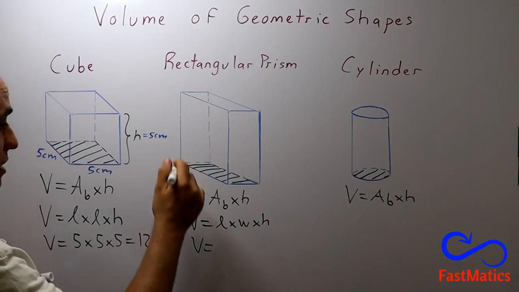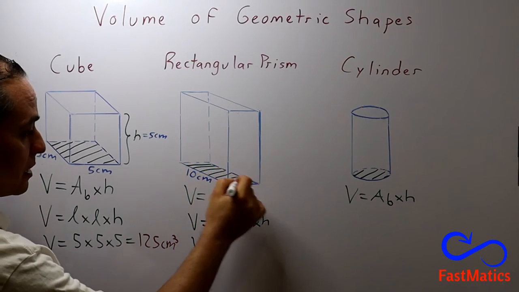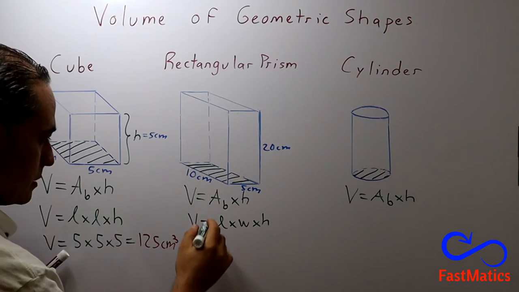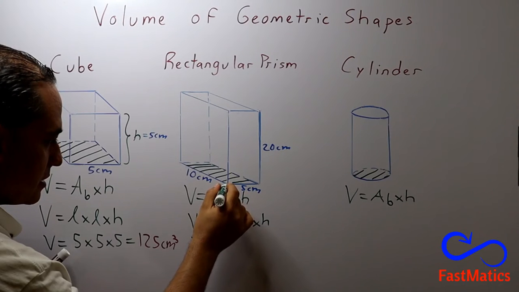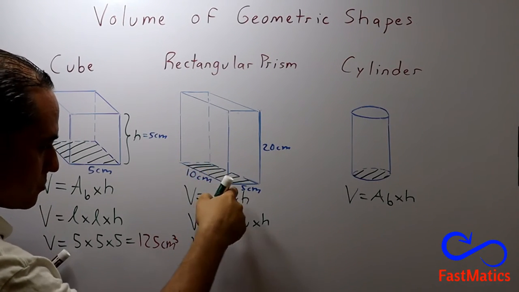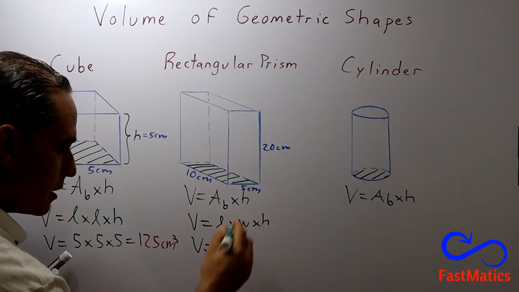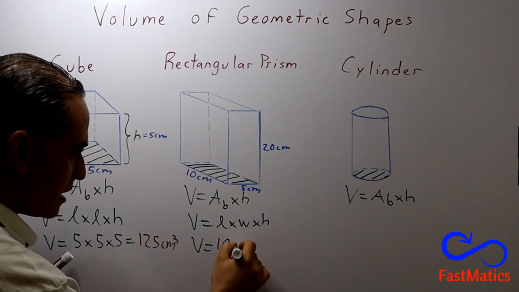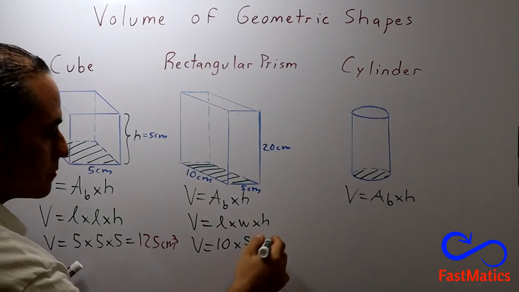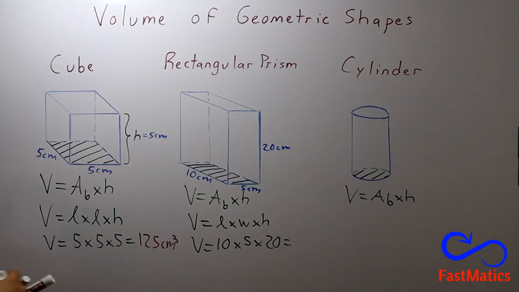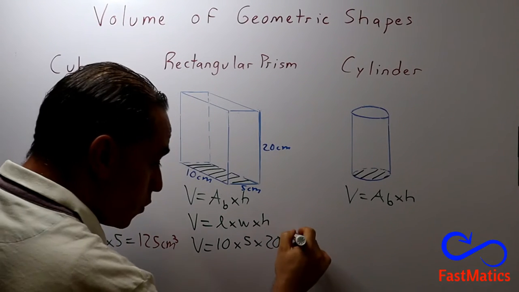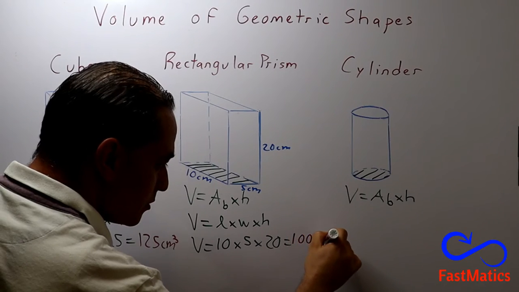For instance, if we have here 10 centimeters and 5 centimeters and 20 centimeters, length times width of the rectangle, because the area of this rectangle is length times width. 10 times 5 times the height of this prism, 20. And the answer is 1000 centimeters cube.